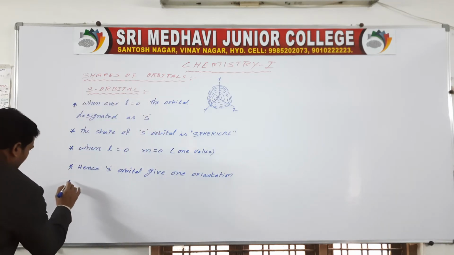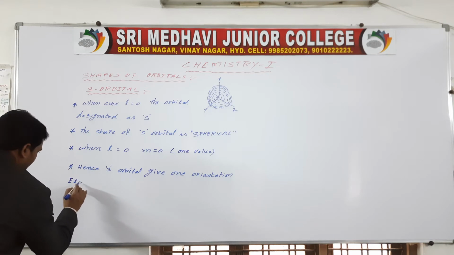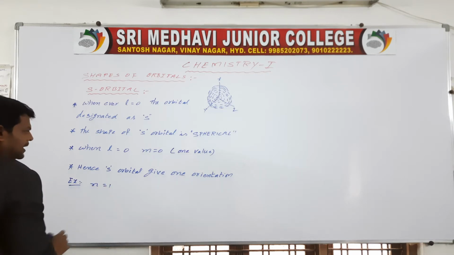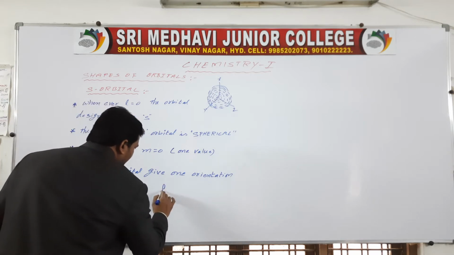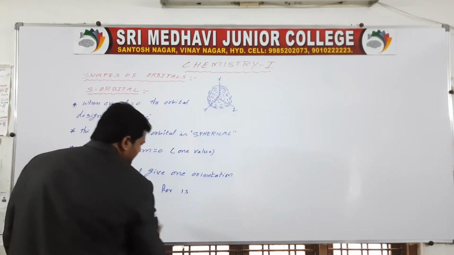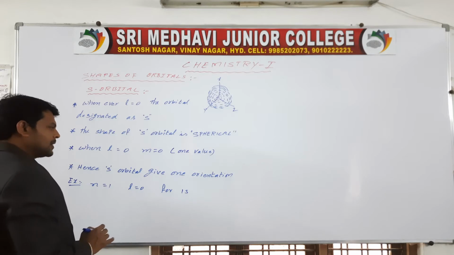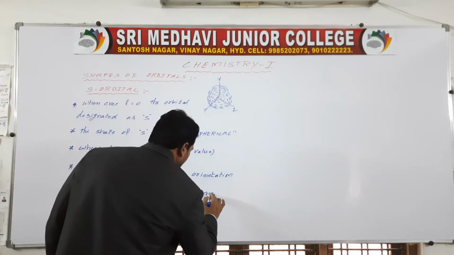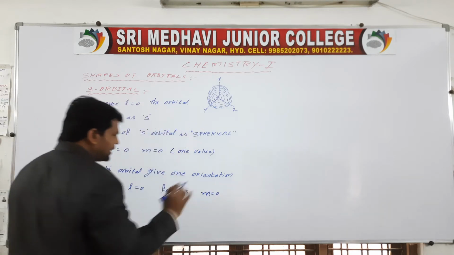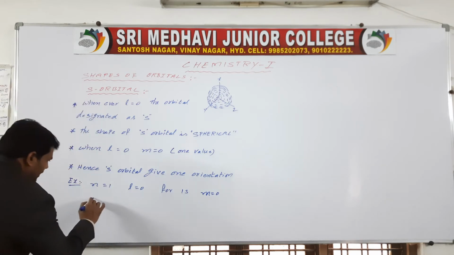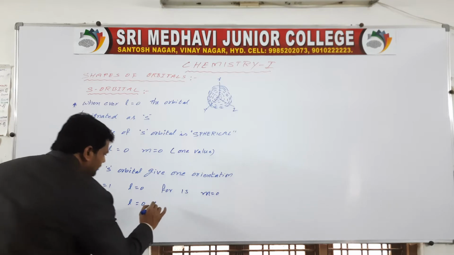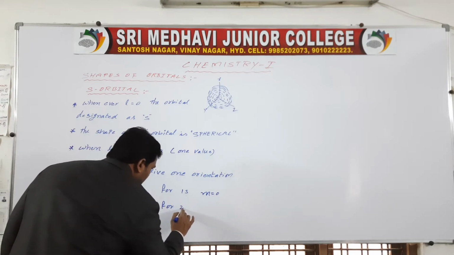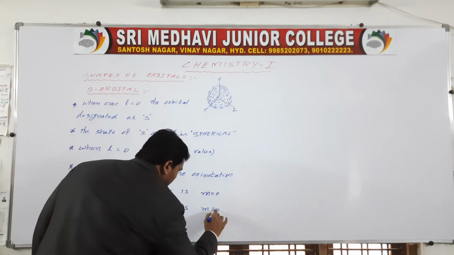For example, n is equal to 1, L is equal to 0 for 1s, and m equal to 0. n is equal to 2, L is equal to 0 for 2s, m value 0.